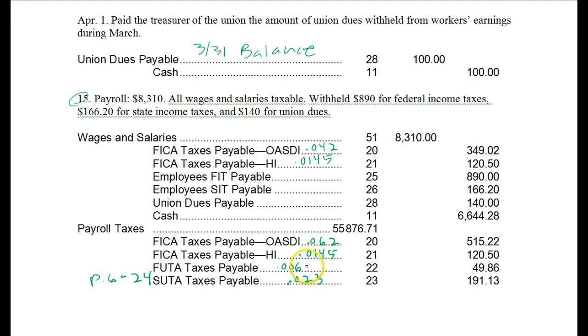So it's 0.006 times the 8310. And it was given on page 624 that the state rate for unemployment is 2.3%. So 0.023 times the 8310 gives you the 191.13.